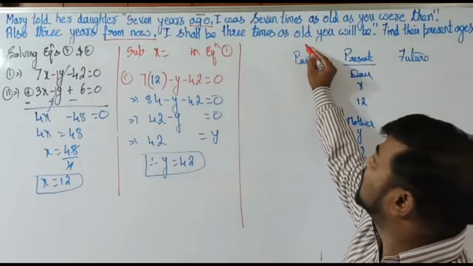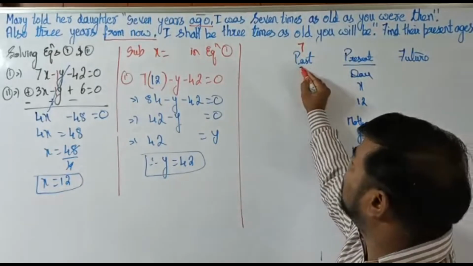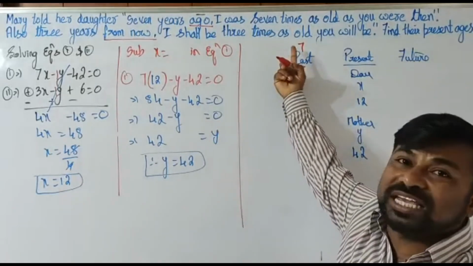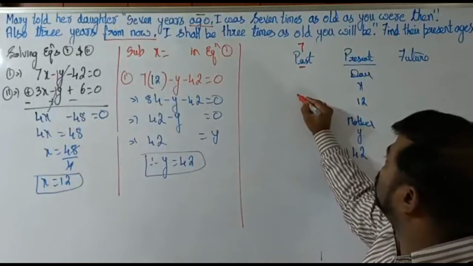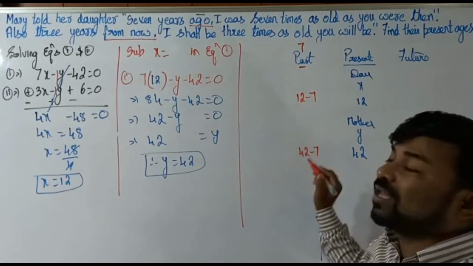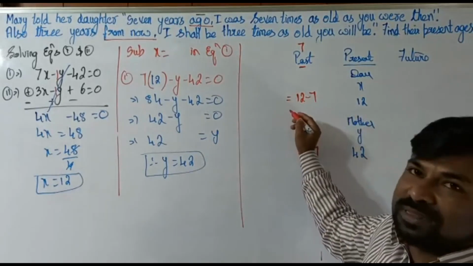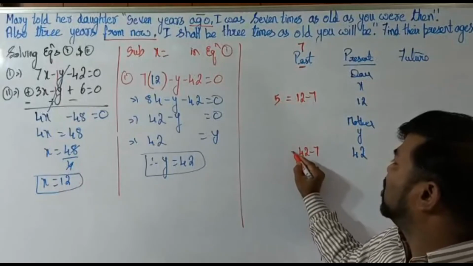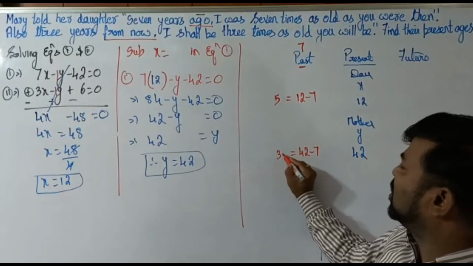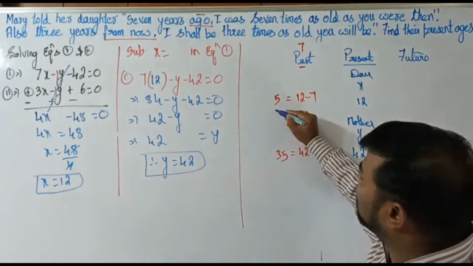How many years passed? 7 years. Past means we take away. So how much do we take away? 7. So 12 minus 7 and 42 minus 7. If you take 7 from this one, we get 5, and from this one, we get 35. That is the past.